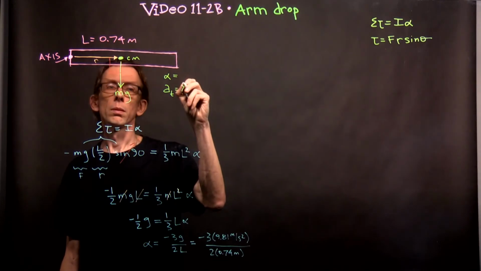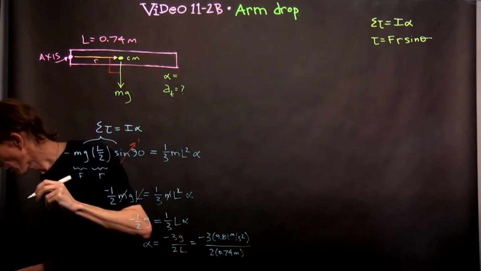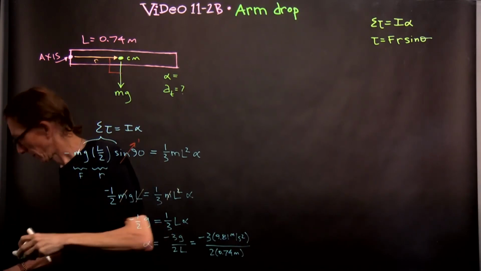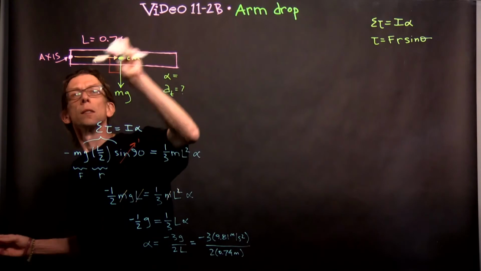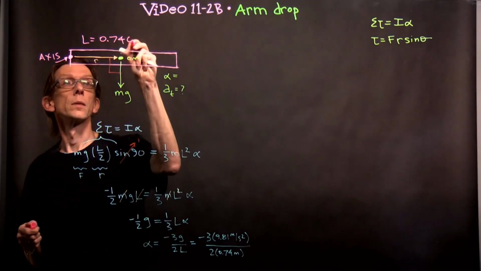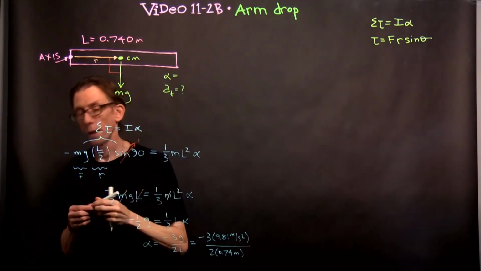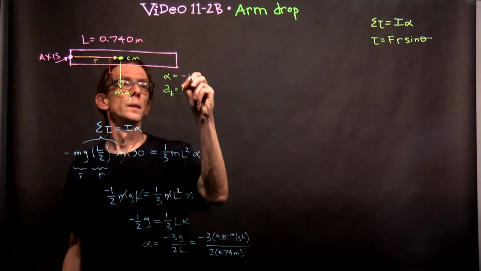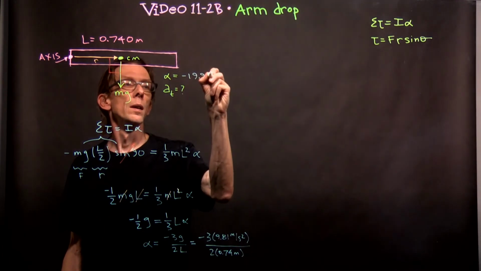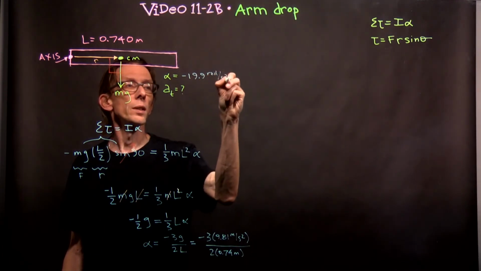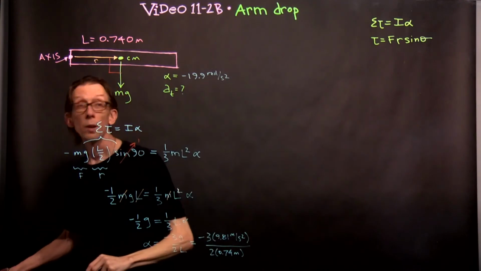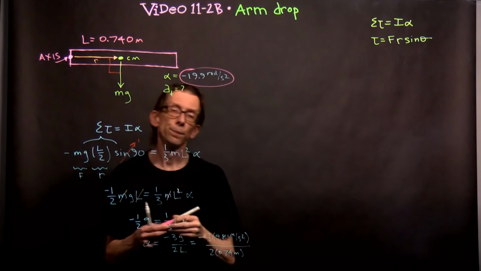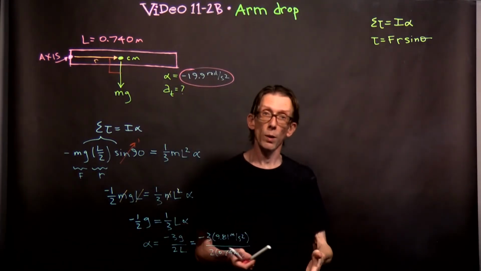Let me see, I actually should have had a 0 here, three significant figures. Okay. So alpha, you do your math, stick your numbers in, you get minus 19.9 radians per second squared. There you go. That is your alpha. It's negative because it's going in a clockwise sense.